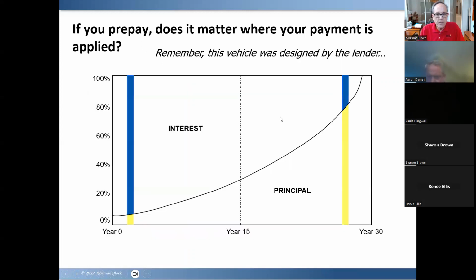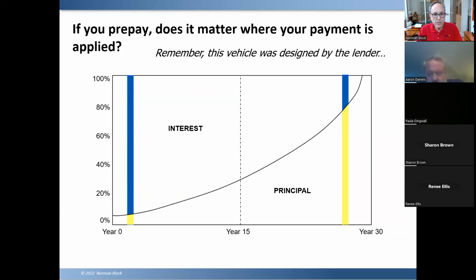And this animal that we call a home mortgage, if you want to get technical about it, what it's called is a level payment, fixed rate, 30-year, self-amortizing mortgage loan. What do we mean by that? Level payment means the payment stays the same throughout the whole life of the loan.